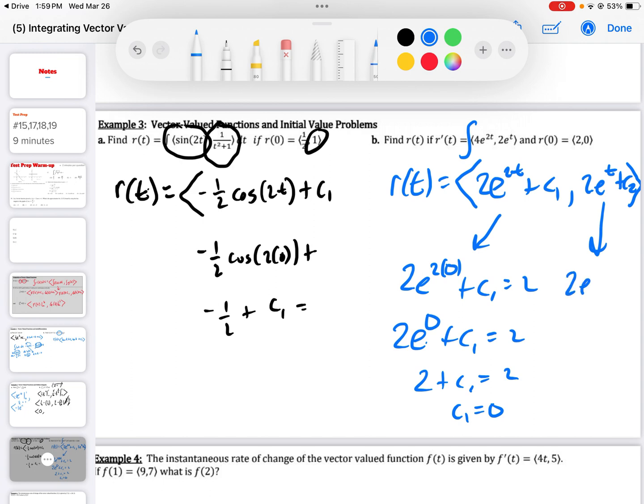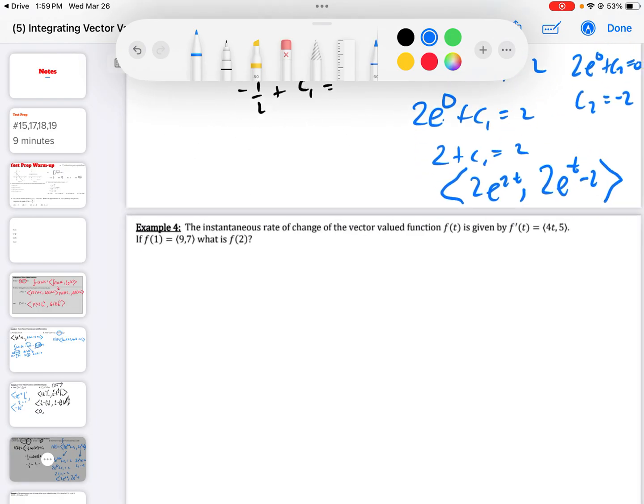If I plug in 0 to the y component, 2e to the 0 plus c2 is equal to 0. So this is saying c2 is equal to negative 2. So final answer, 2e to the 2t plus 0, which don't even write that, and then 2e to the t plus or minus 2.